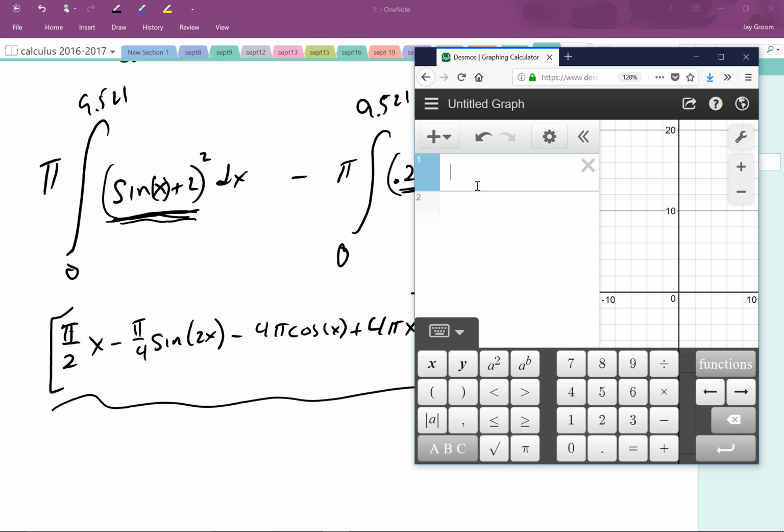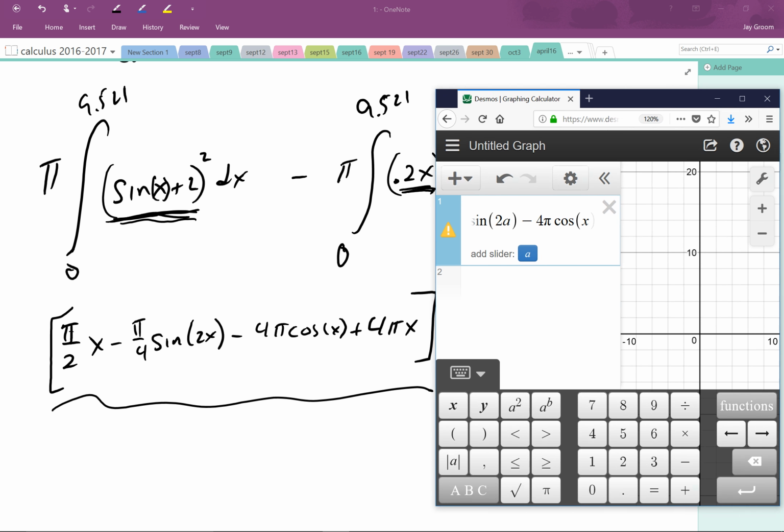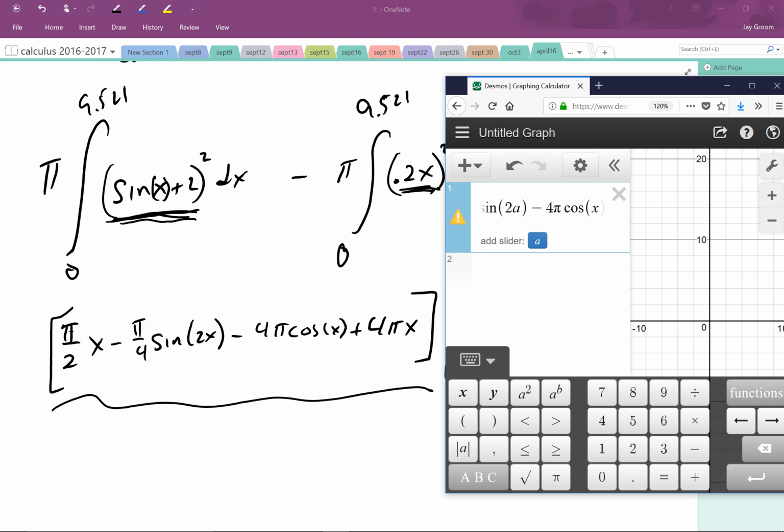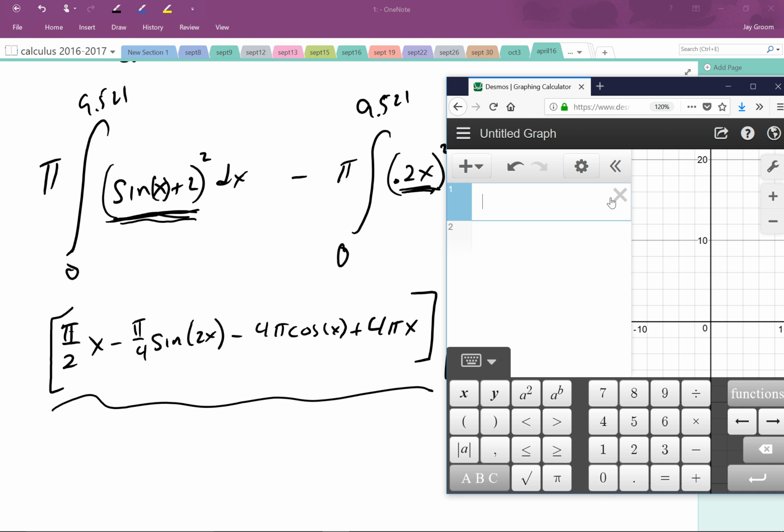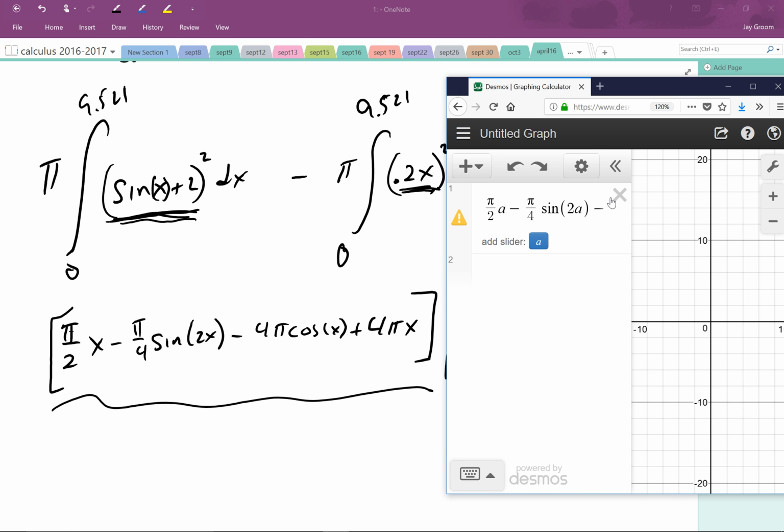I'm going to go pi divided by 2 a, minus pi divided by 4 sine of 2a, and then minus 4 pi cosine of a, and then plus 4 pi a.